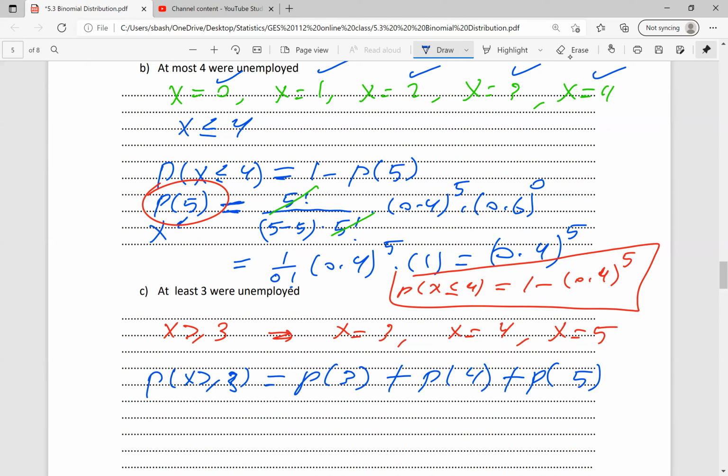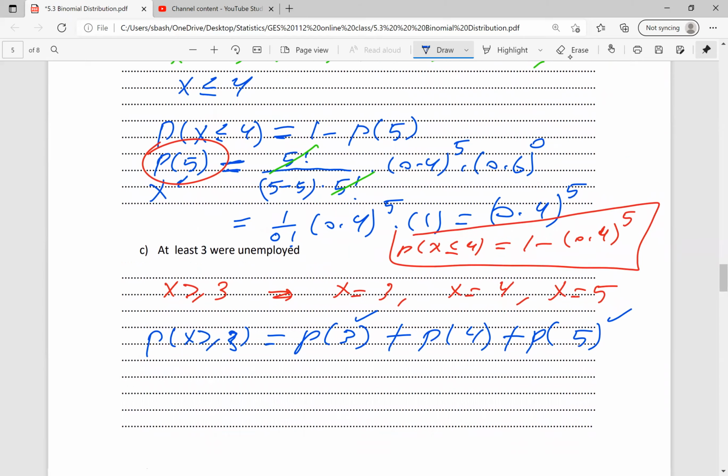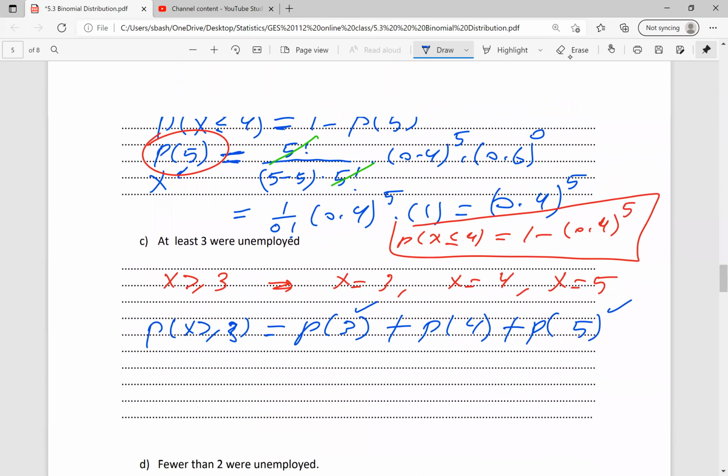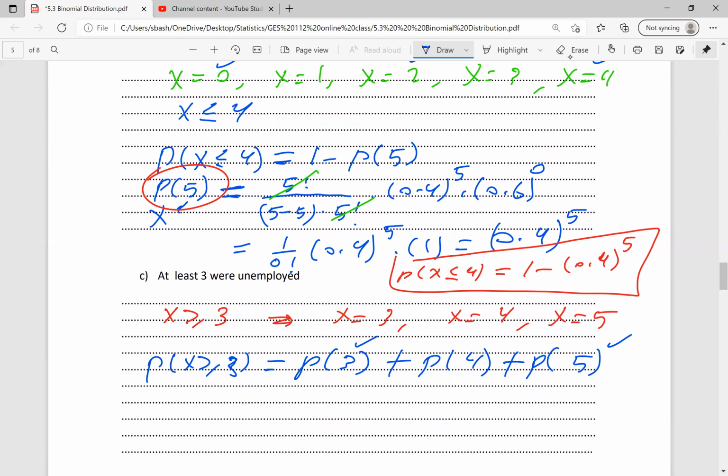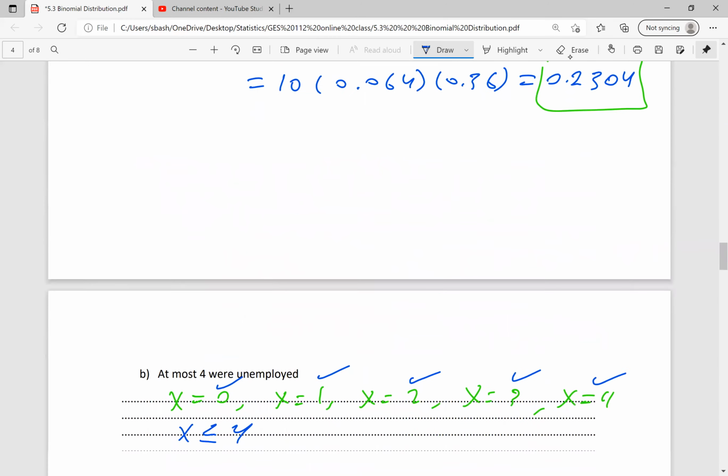So we need to find the probability of getting 3, plus P of 4, plus P of 5. P of 3 we have from the first part. P of 5 we have from the last one, which is 0.4 to power 5. We only need to find P of 4 to evaluate this, because P of 3 we found in the first part was 0.2304.